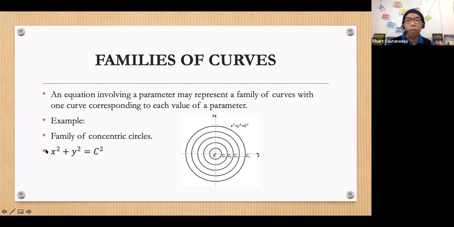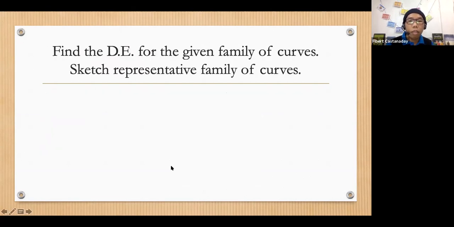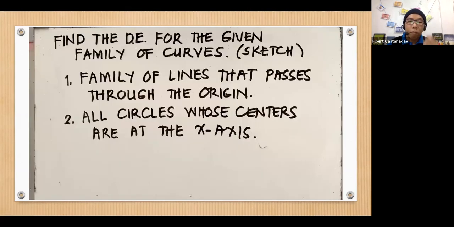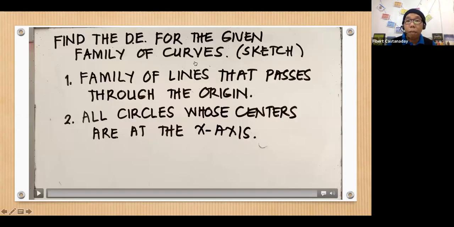Tandaan nyo lang yan. Okay? And then, kung ilan yung parameters, yun din yung kung ilang beses ka magdi-differentiate. So the same with the elimination of arbitrary constants na technique. Okay, now let's do this example. So we have, okay, find the DE for the given family of curves.